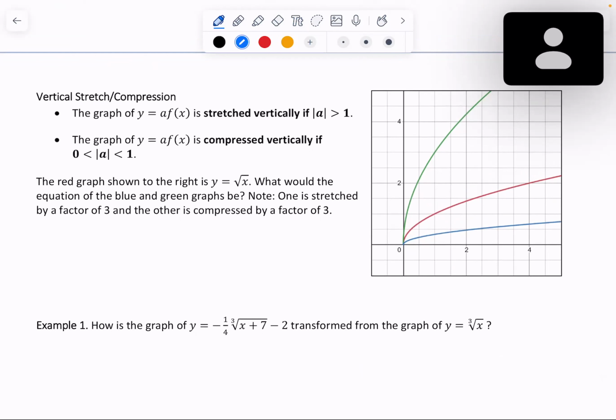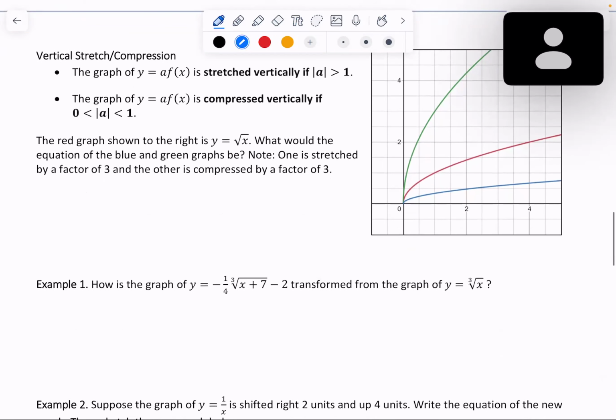So out of those 2 graphs, the blue or the green, which one is the stretch, green or blue? Yeah, the green is the stretch, right? The green is where it's growing faster. The blue is where it's growing slower. So let's look at the equations of each of these. So it says 1 is stretched by a factor of 3 and 1 is compressed by a factor of 3.